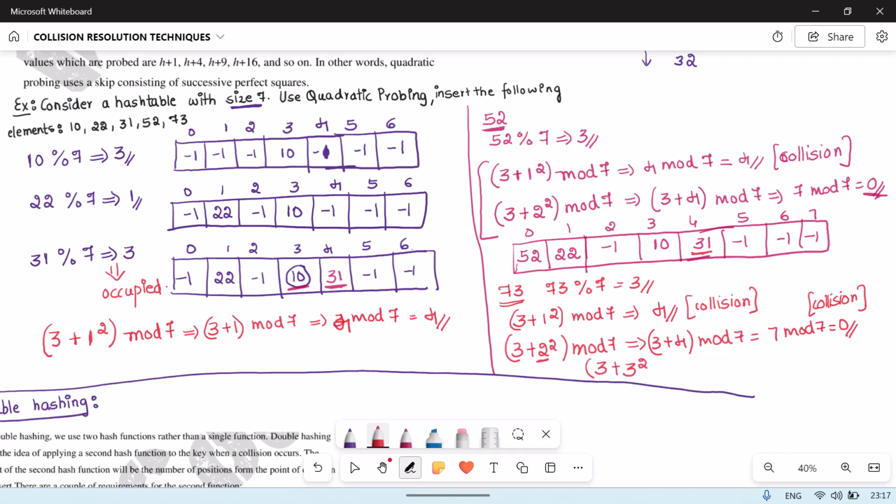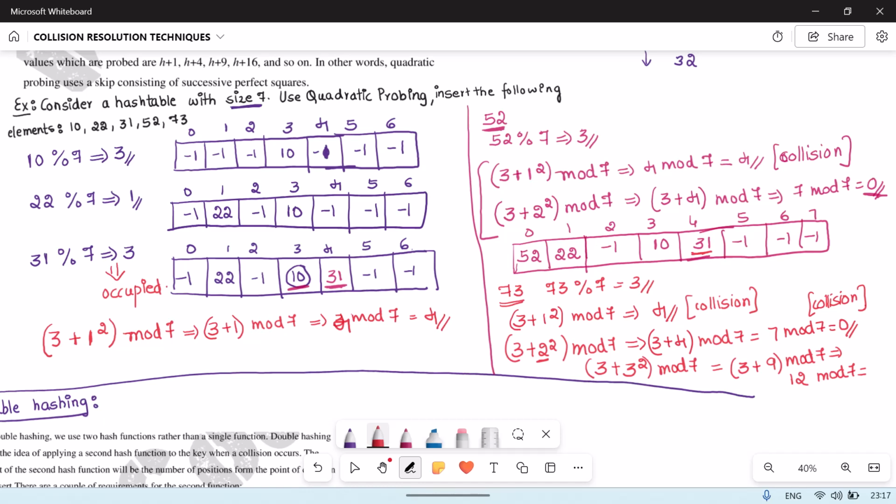So 3 plus 3 square mod 7, which is 3 plus 9 mod 7. 3 plus 9 is 12. 12 mod 7 is equal to 5, right?